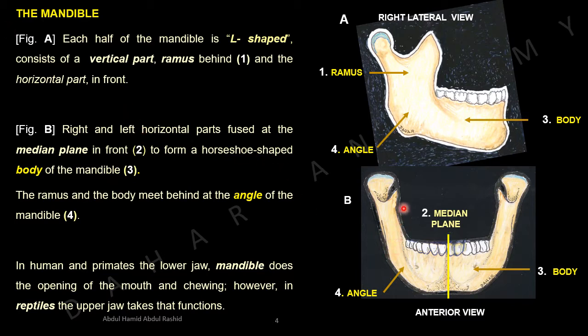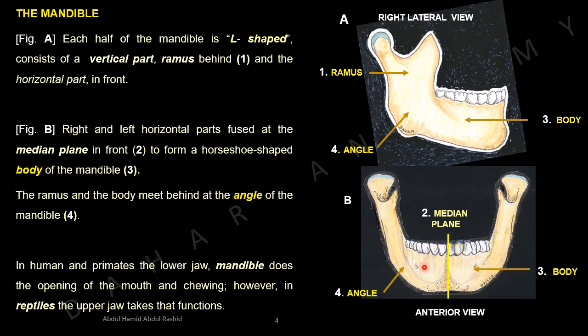This is diagram B looking from in front, so you can see both halves of the mandible. This is the right half and this is the left half. So we can see the ramus of each half, and this is the anterior horizontal part.